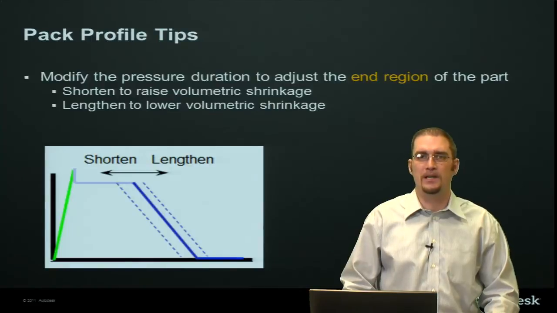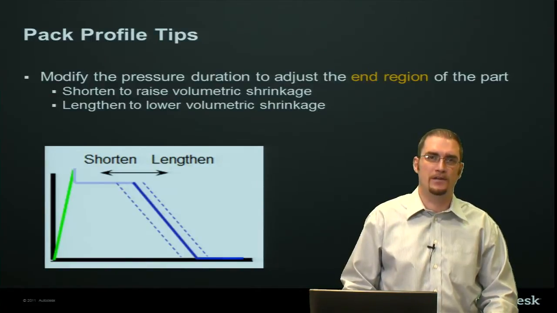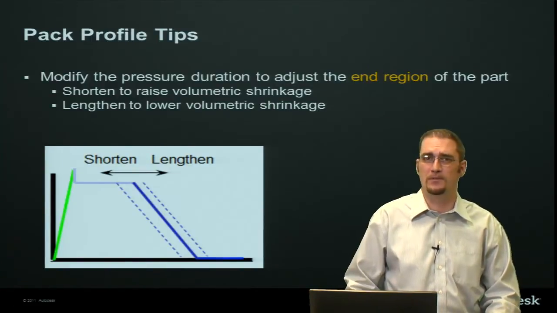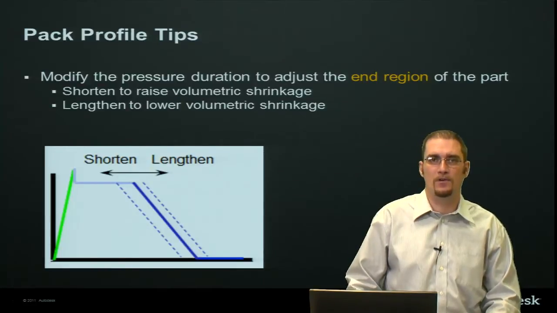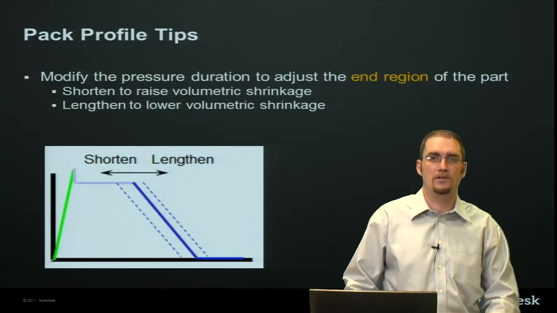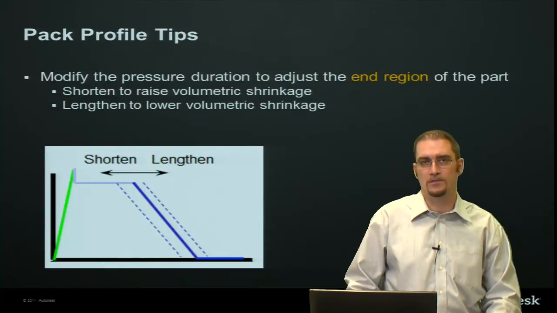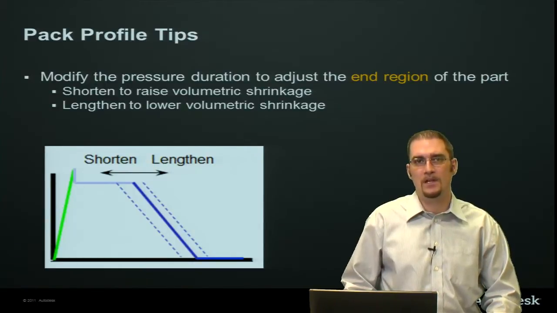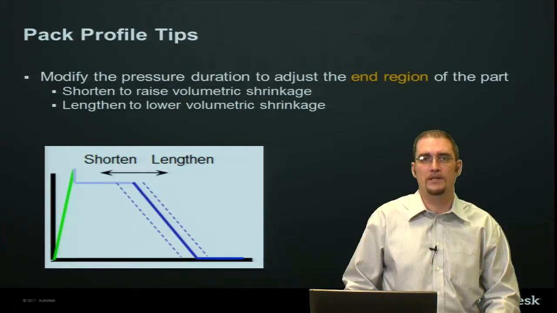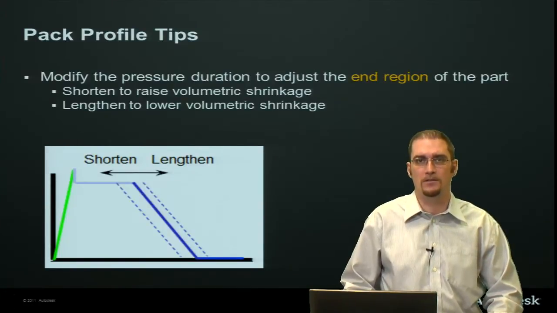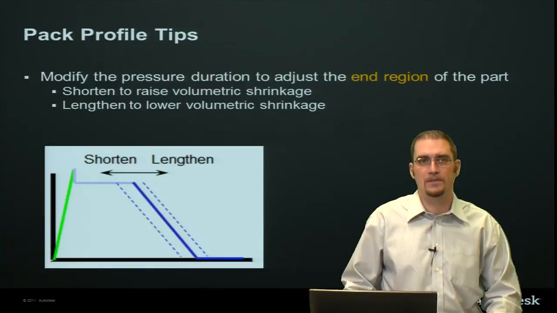Raising shrinkage might not always be great if you're having an issue with a critical dimension that you need to hit, but this will help with deflection. If we can get a uniform volumetric shrinkage, our deflection should be reduced, and you'll never get rid of warpage altogether, but we can do our best to make it meet our tolerances. So this is one way we can do that in the end region.